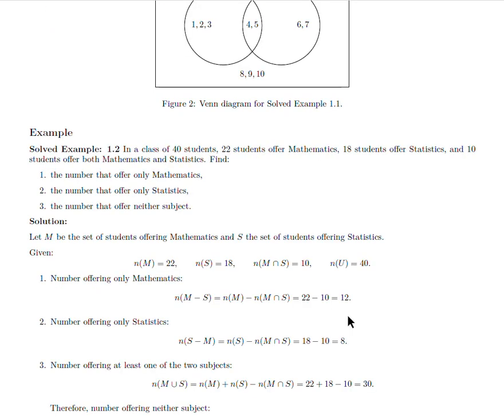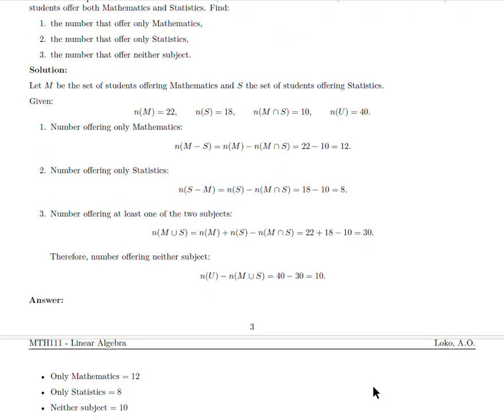Or you can also say number of mathematics only, which is 12, plus number of statistics only, which is 8, that's 20, then plus number offering both, the intersection, which is 10. So 20 plus 10, you see, is also 30. So the two ways are correct.